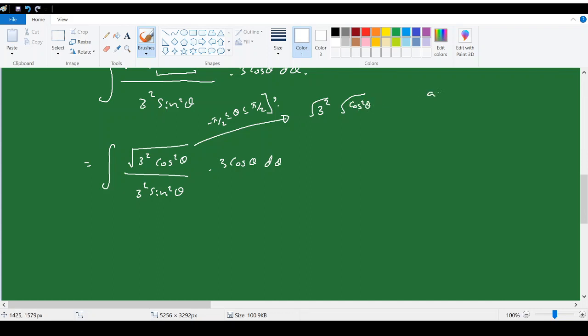Square roots can be distributed across a multiplication, so you can write it like this. How about the answer for this one? At first sight, you might tend to write it as 3 cos theta.